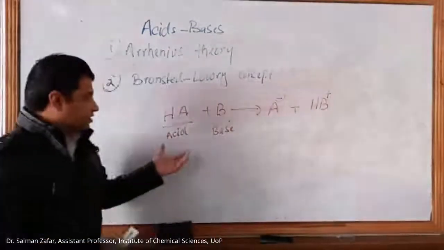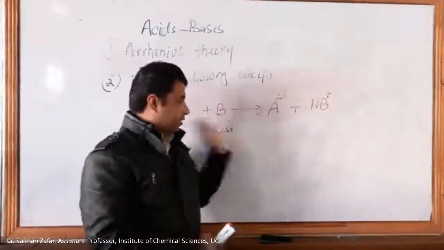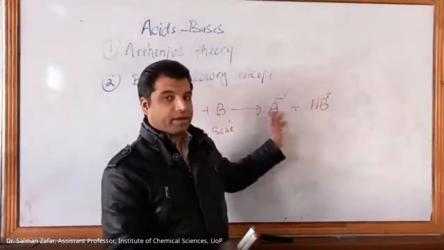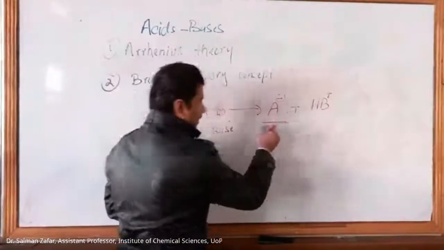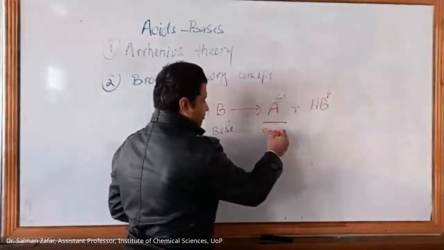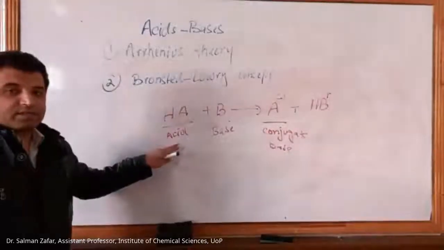So any acid that gives away a hydrogen ion, and here in this case, in this general reaction, it is converted into an anion here. So you can say that this anion or A minus is the conjugate base of this acid.